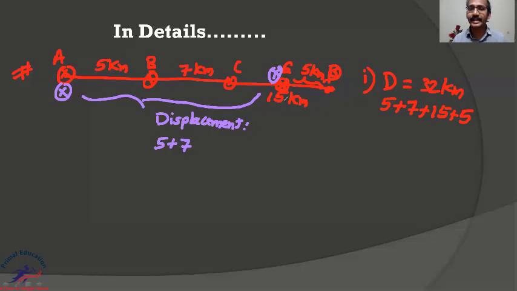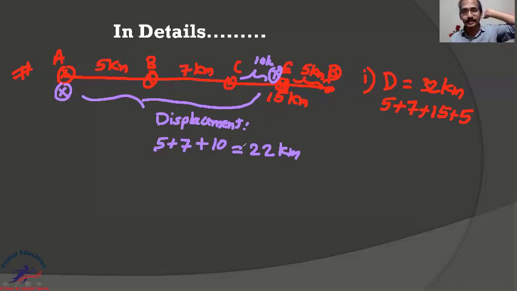C to D is 15, D to E is 5. So long length minus short length, the remainder is 10 kilometers, C to E. So plus 10 kilometers. Now, what is the total displacement? 12 plus 10, 22 kilometers. Distance is 32 kilometers. Displacement is 22 kilometers. Always displacement will give the lesser value because it is the minimum distance traveled by an object. That's why we raise the hand and show it. Clear? Next.